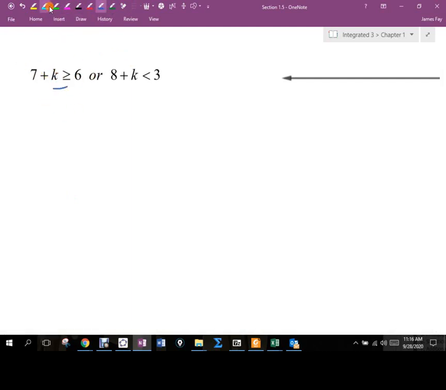In this first one, the blue one, I'm going to subtract 7 from both sides. That gives me K is greater than or equal to -1. Then in solving this yellow one, I'm going to subtract 8 from both sides.